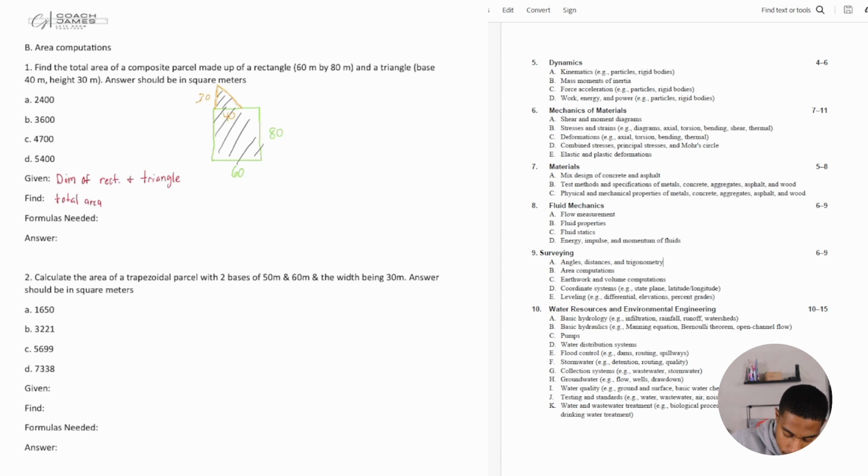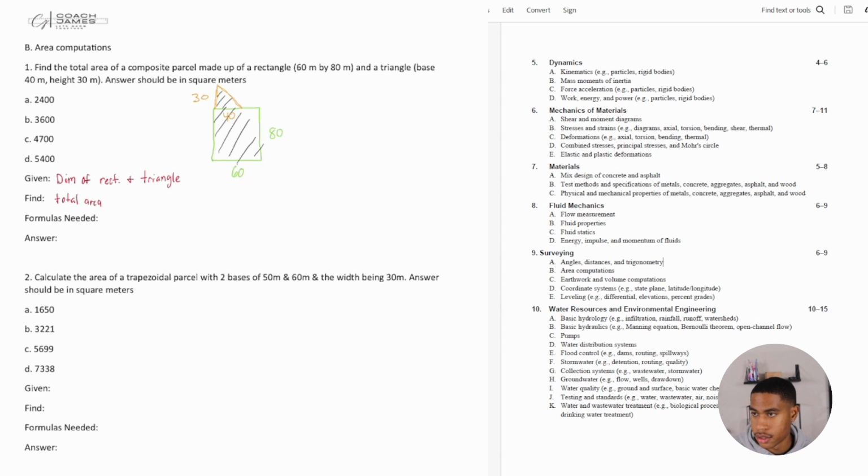All right, how would we go about finding this area? This is 30. Okay. So how would I go about finding this area? Well, what is the area of a triangle?